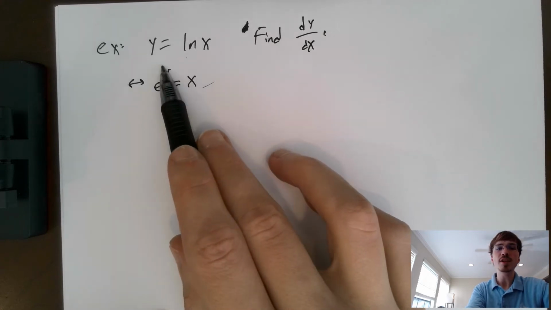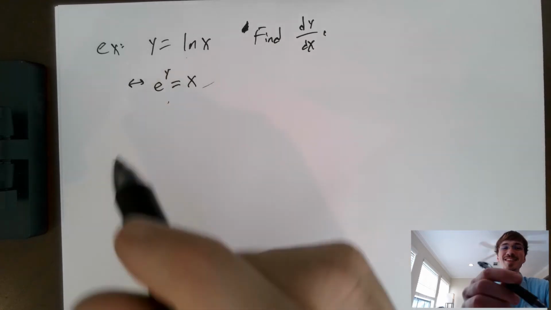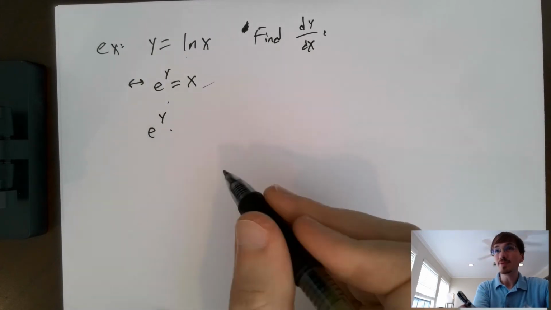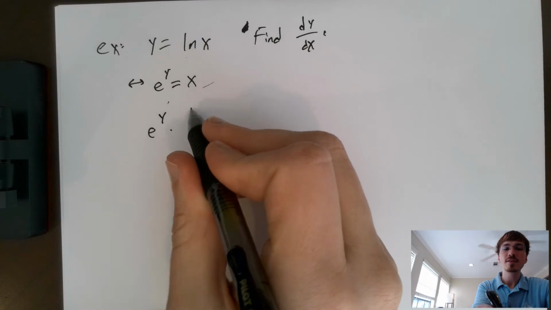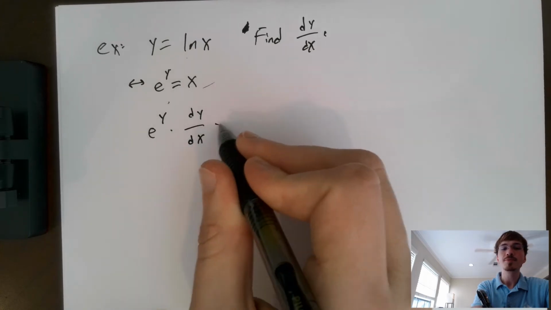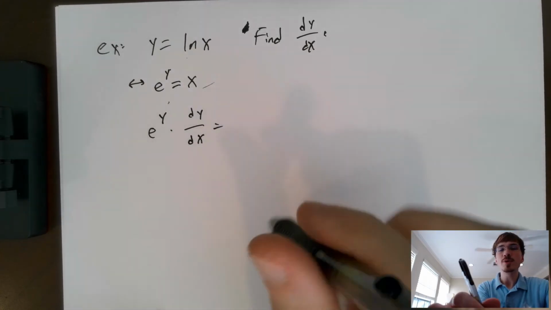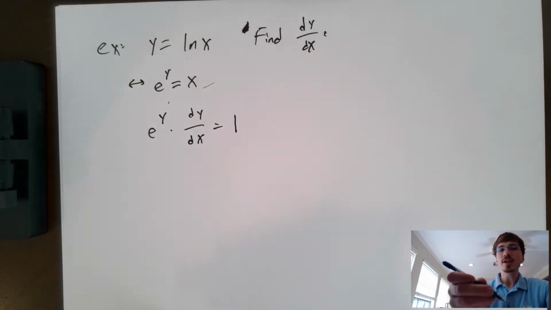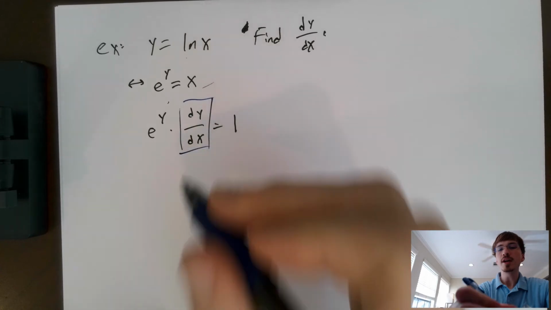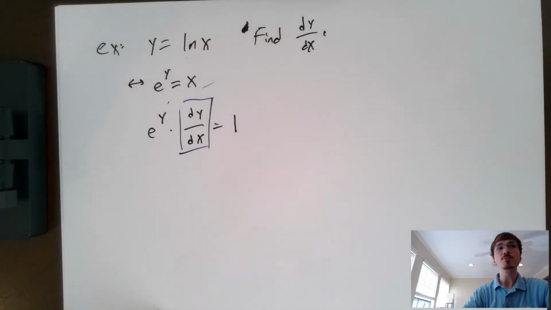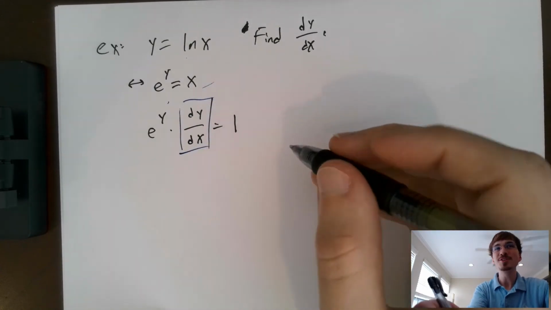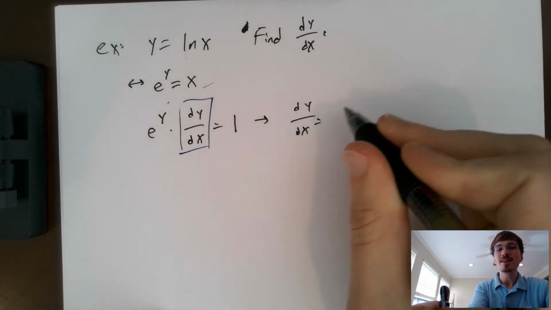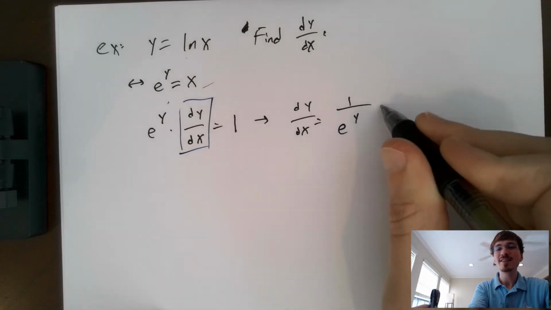Well, the derivative of e to the stuff is e to the stuff times the derivative of what's inside times dy/dx. And the derivative of x with respect to x is just 1. And with this, we can now solve for dy/dx, as we have lots of good practice doing in our implicit differentiation homework. So now we have that dy/dx is equal to 1 divided by e to the y.